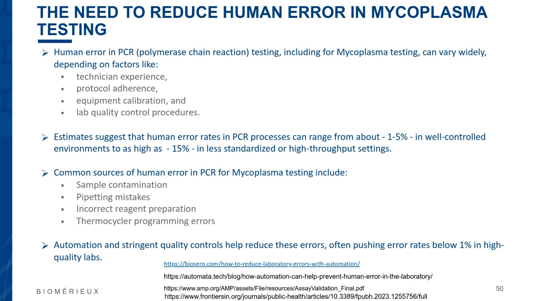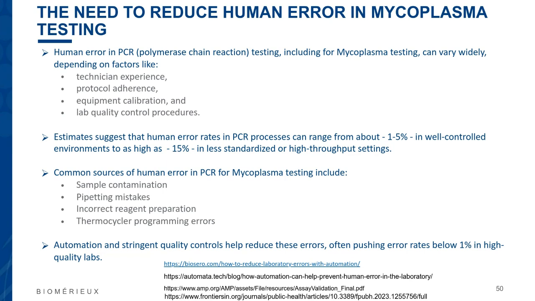And the sources of human errors in PCR for mycoplasma testing can come from contamination of the sample, some pipetting mistakes, and, as the previous talk inspired, incorrect reagent preparation, some programming errors during the thermocycler preparation, and so on.